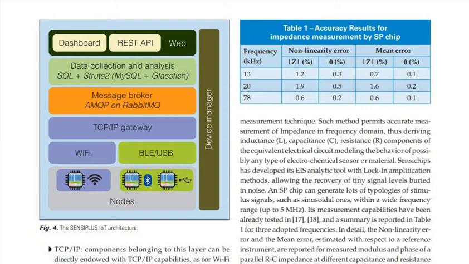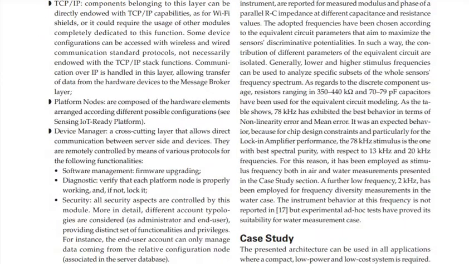Here we can see the dashboard they are using. They use this dashboard to talk to the internet and collect the data using a MySQL database, and they say the accuracy is more than 0.7.